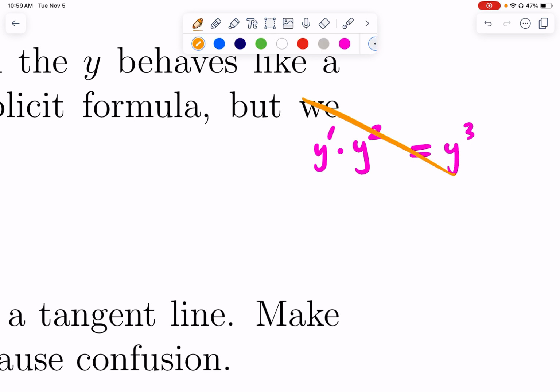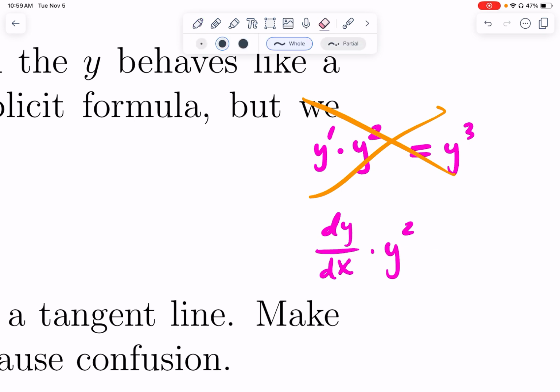That's very dangerous. So instead, in contexts like this, we're always going to use that fraction-y Leibniz notation to express the derivative, because when you look at this, it's very obvious this is a derivative and this is not. We're trying to make y and the derivative look very different so we don't accidentally confuse them.